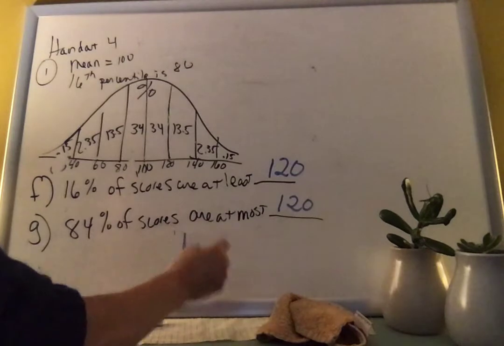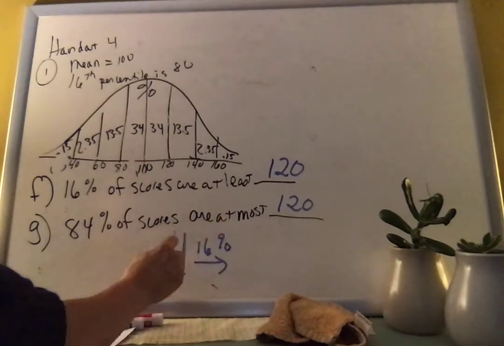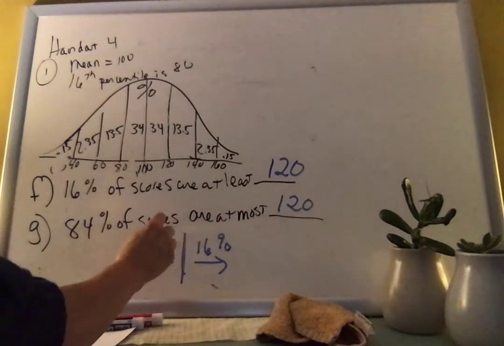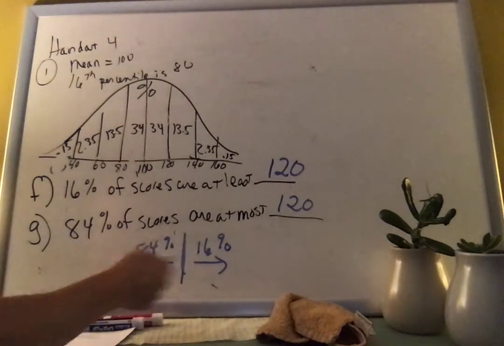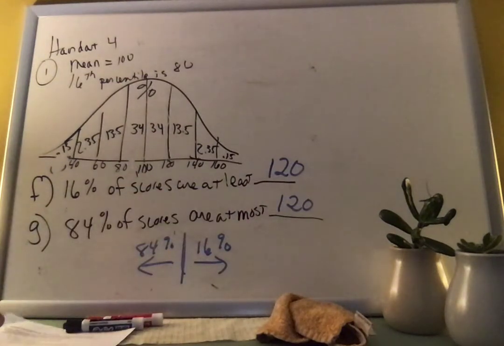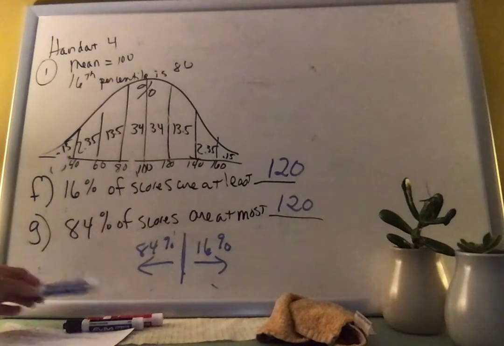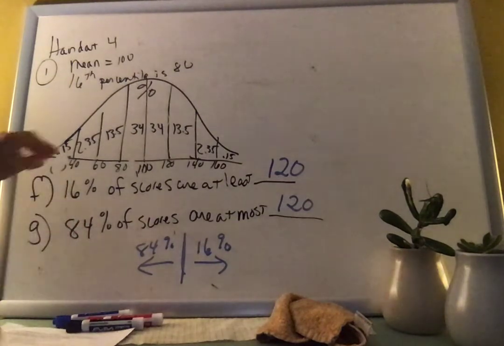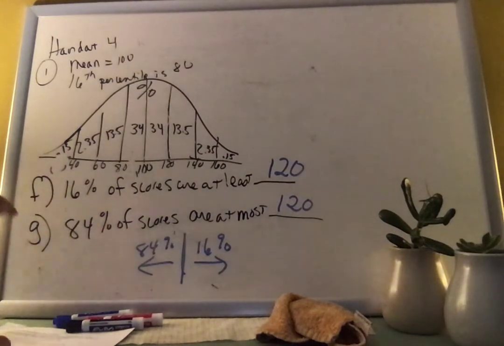One line has 16% greater than it and 84% lower than it. Yes, because that's the whole 100%. These had to be the same answer. So really make sure that you understand that this was not coincidence. F and G were designed so that, from concept, they absolutely had to be the same answer.